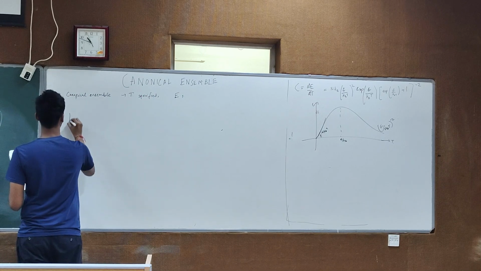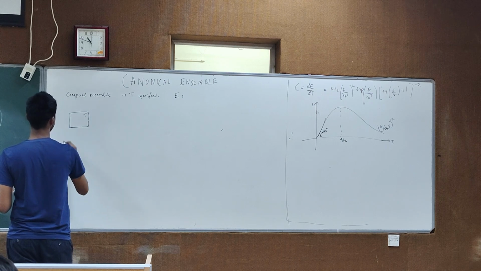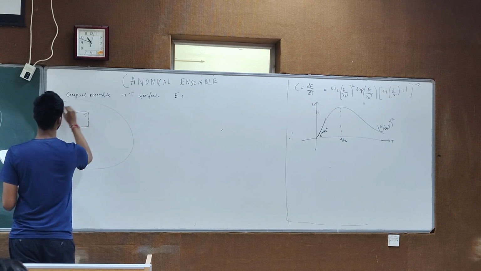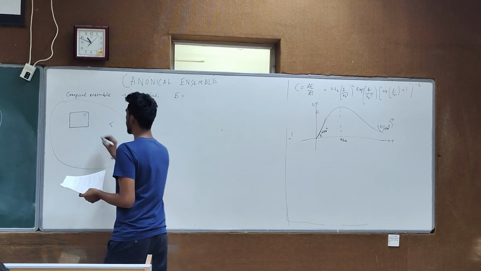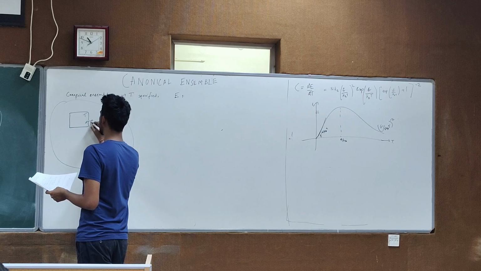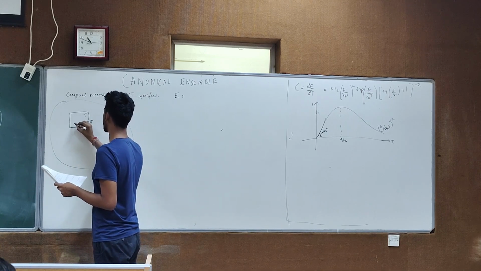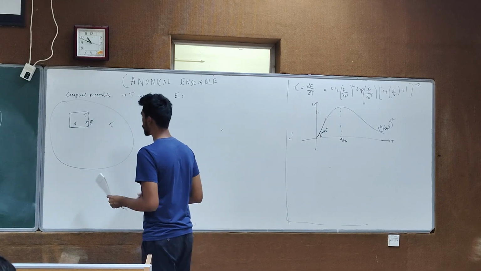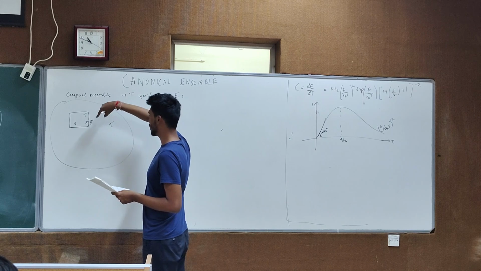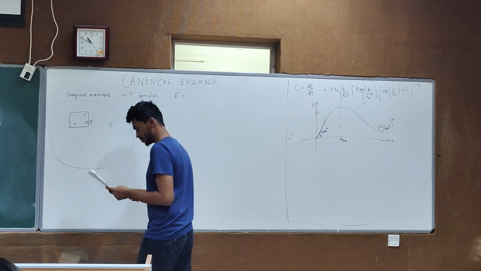So you have a system which has a constant temperature T, and you have a reservoir which also has the same temperature T, and you can have exchange of energy between these, and the system has a volume V. So there is input of heat allowed, but there is no input of work allowed.